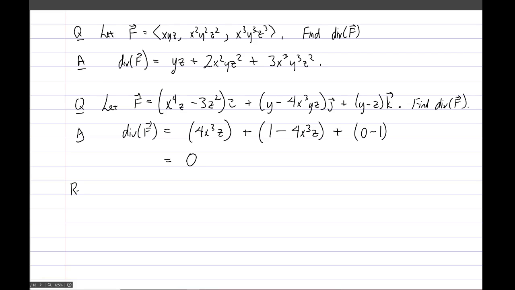Now, I want to recall that just a little earlier today, this vector field here, x to the fourth z minus 3z squared i, plus quantity y minus 4x cubed yz j, plus quantity y minus z k, was actually the result of taking a curl.